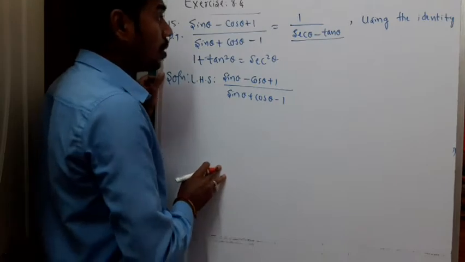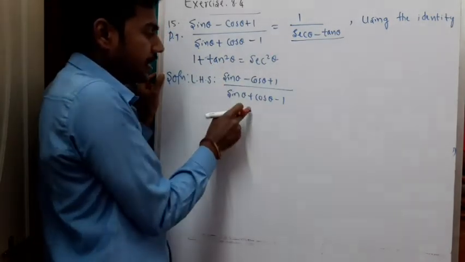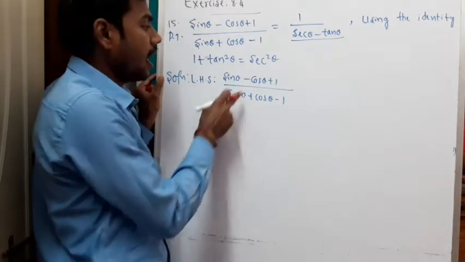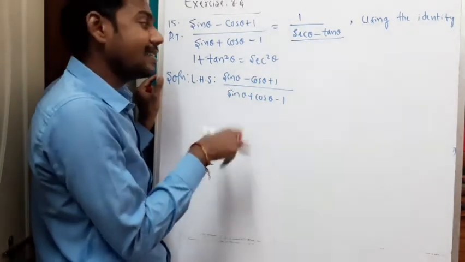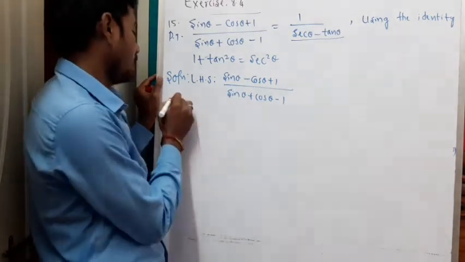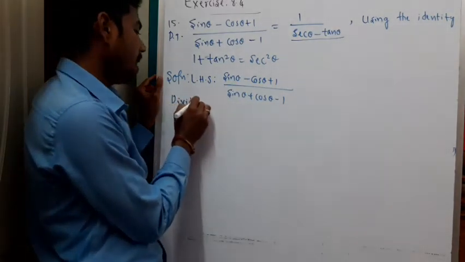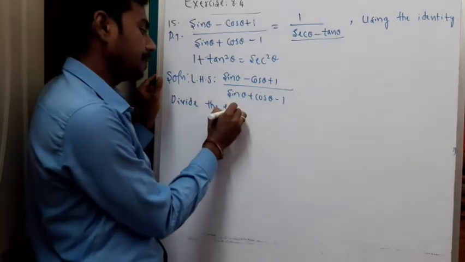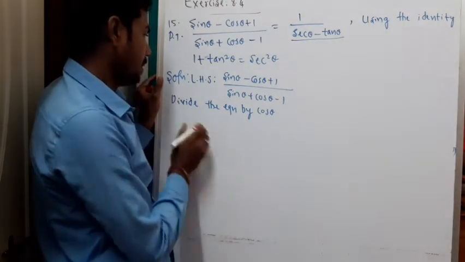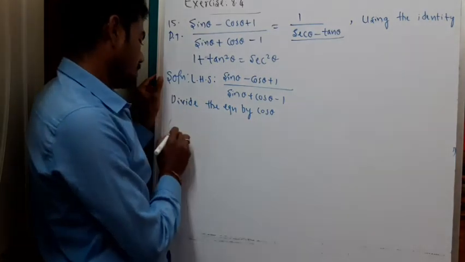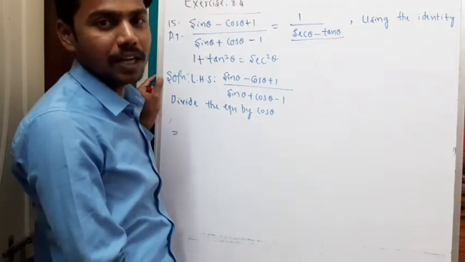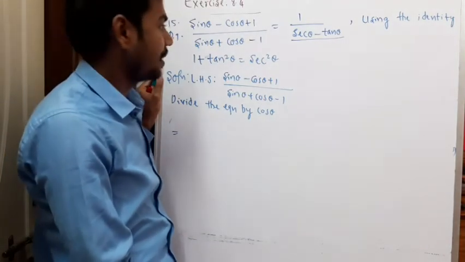Now, to make use of this identity, I need tan theta in the equation. So how will I get tan theta and secant theta? I need to divide the equation by cos theta. If we are dividing the numerator by cos theta, you should divide the denominator by cos theta to avoid the effect.